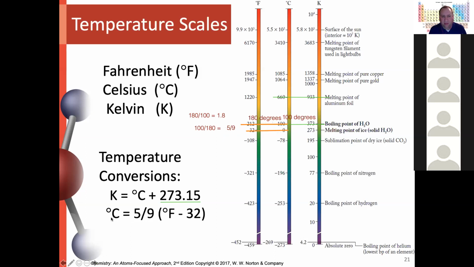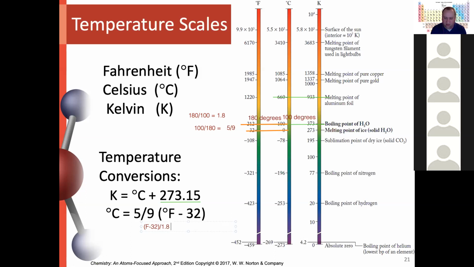Now, this is the way that your book gives the definition. It's not my favorite way of showing this. I actually prefer to use the 1.8 because it's easier to look at. And so if we wanted to, we could rewrite this equation as Fahrenheit minus 32 divided by 1.8.